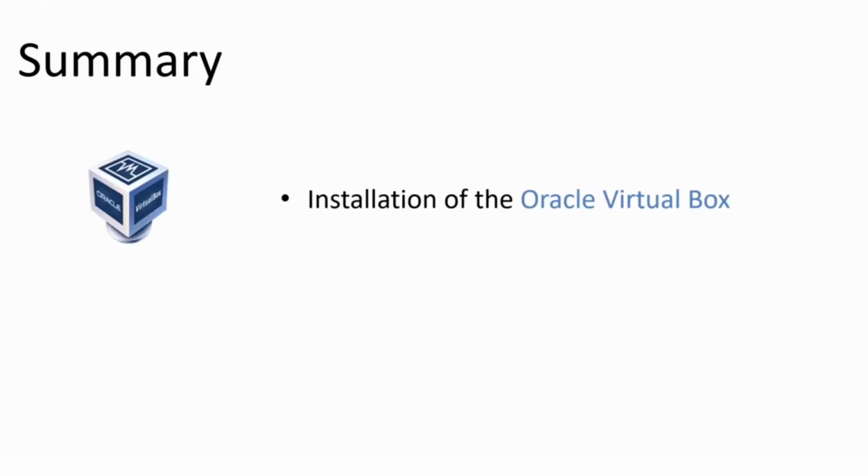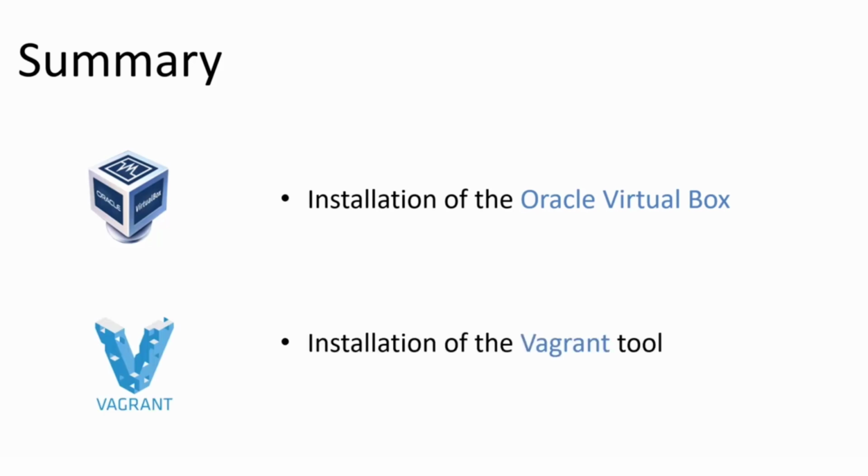Let's summarize. In this lecture, I talked about the installation of the Oracle VirtualBox. Oracle VirtualBox is used for creation of the virtual machines. And I also talked about Vagrant and its installation. Vagrant is a tool that is used for automating the workflow for creation and management of configuration for the virtual machines.